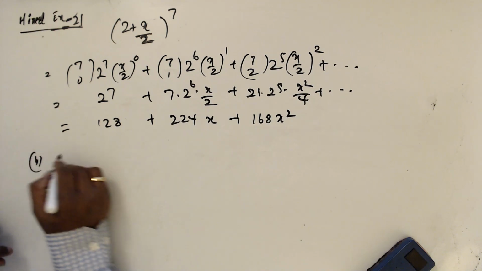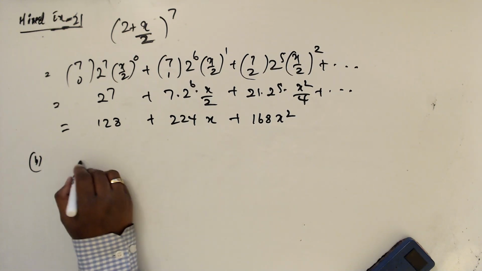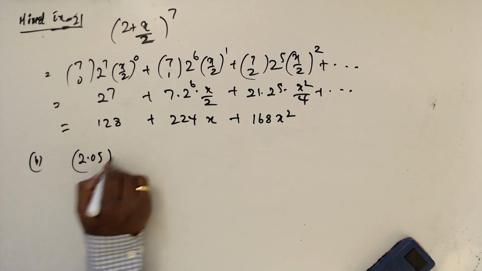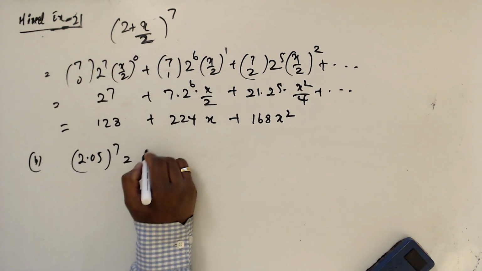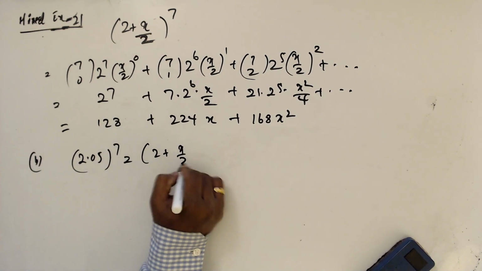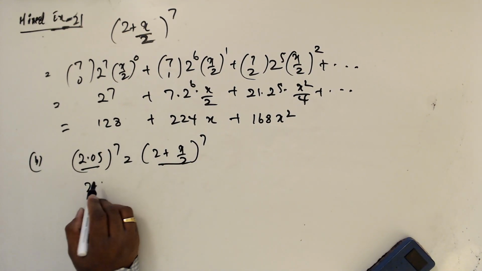Now part B, we want to give an approximation of 2.05 to the power 7. So this is equal to 2 plus x over 2, to the power 7.